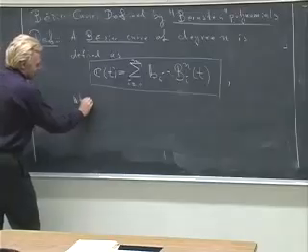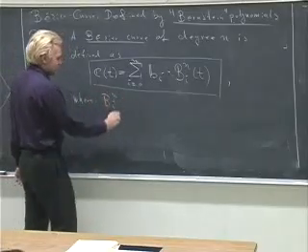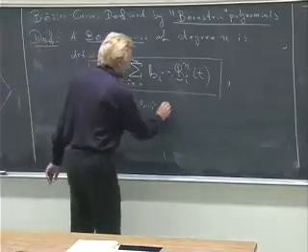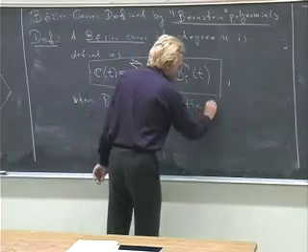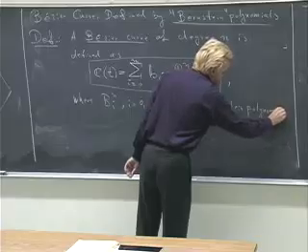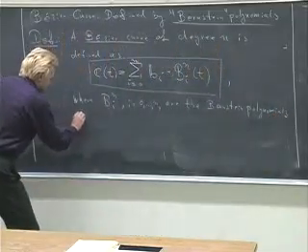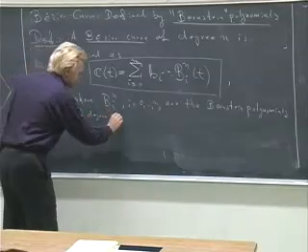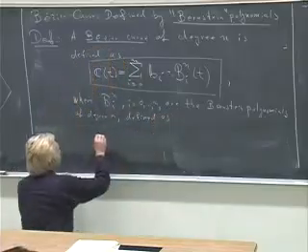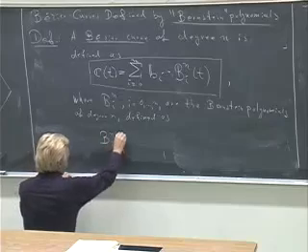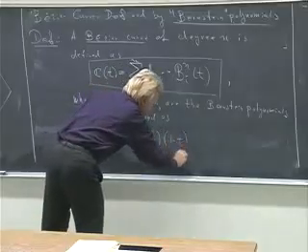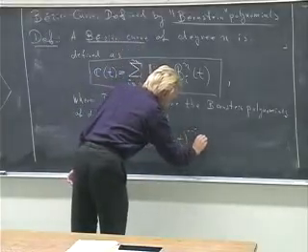Where B, i, n, i from 0 to n, are the so-called Bernstein polynomials of degree n, defined as B sub i super n of t equals n choose i times (1 minus t) to the n minus i power, times t to the i-th power.